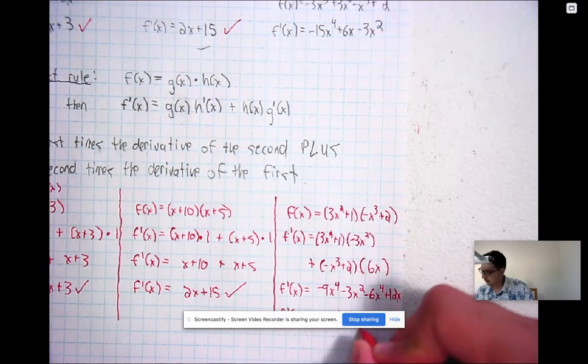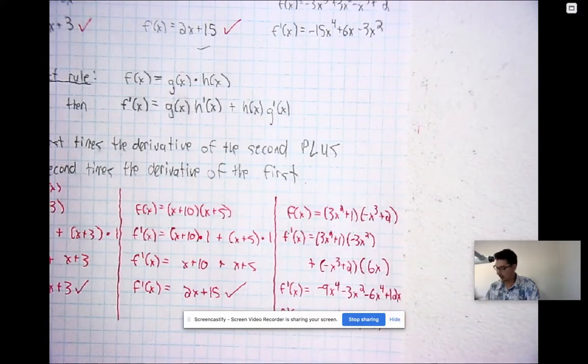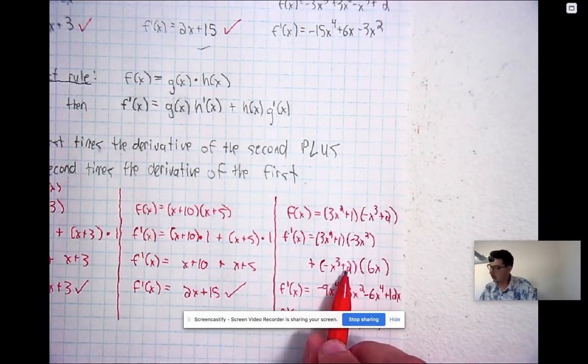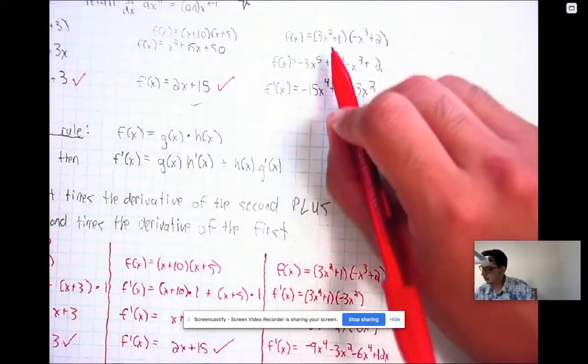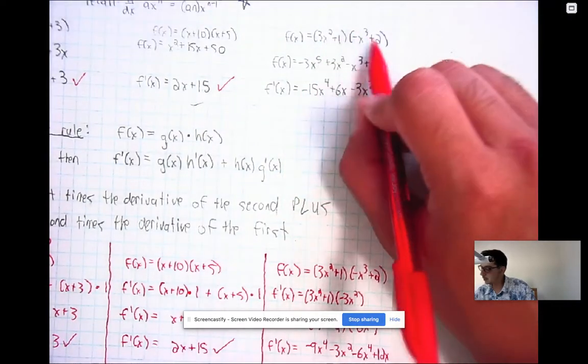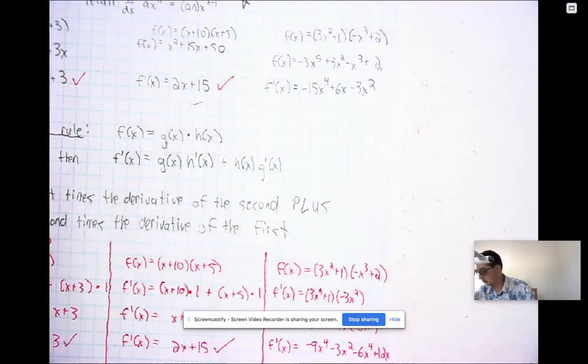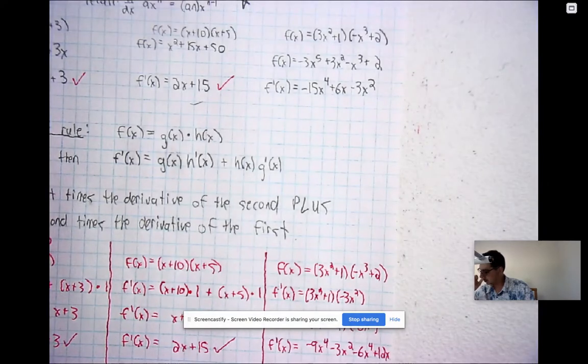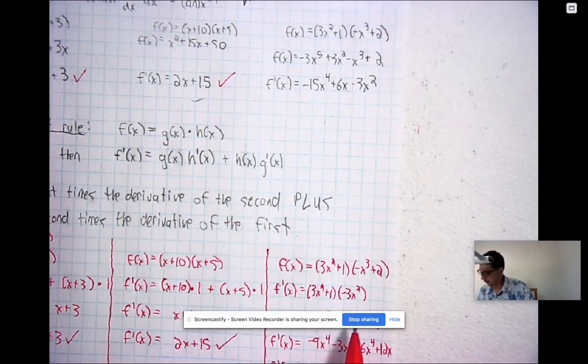Uh-oh, I made a mistake. Minus 3x squared. What was my mistake? Plus 12x. Should have been 12x up here. 3x to the fifth plus 6x squared minus x squared plus 2. We get plus 6x. The second times the derivative of the first, which would be 6x. Negative 6x to the fourth plus 12x.